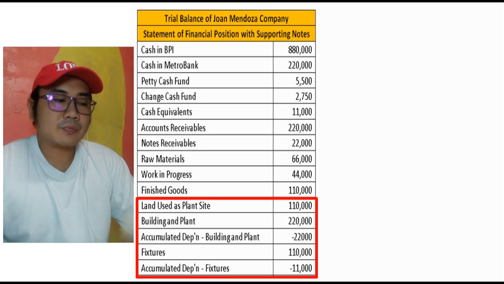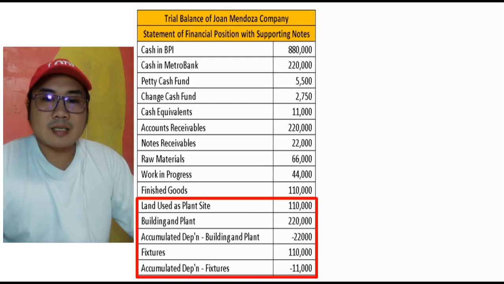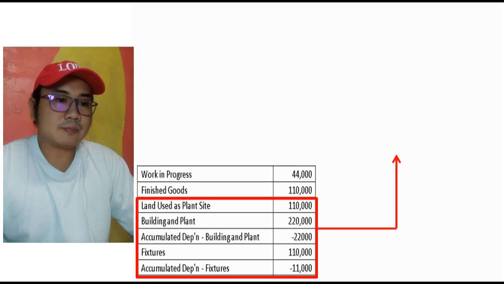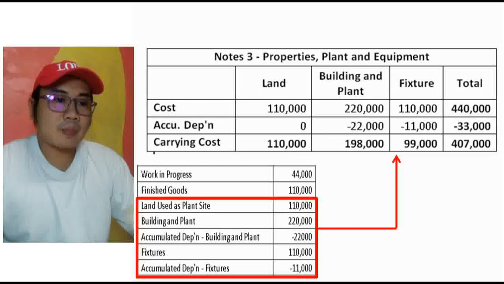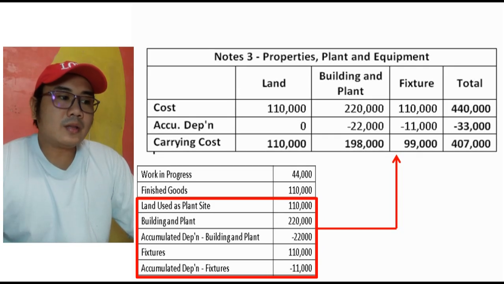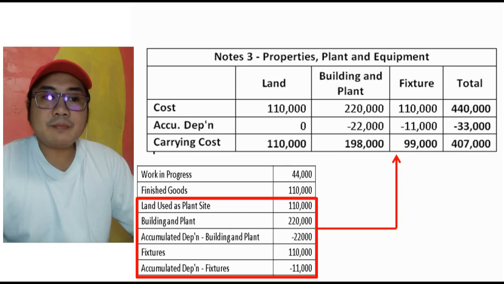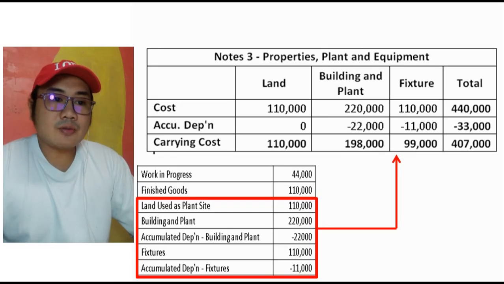Next, these accounts can be written under PPE. Let us name it Notes 3. Under Notes 3, properties, plant, and equipment, we have to consider the following computations. First, list all the costs of the individual PPEs as follows. For land, it's 110,000. For building and plant, it's 220,000.